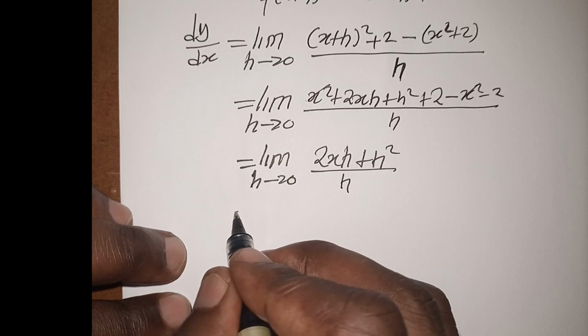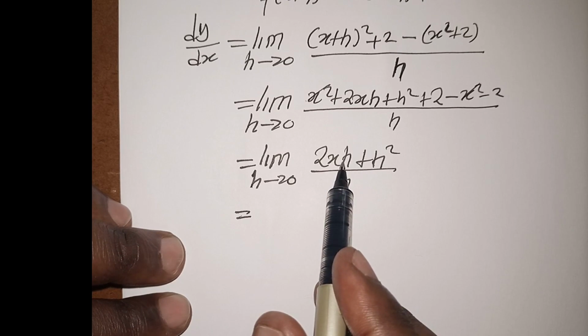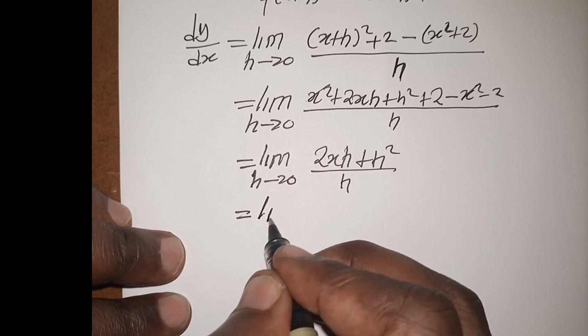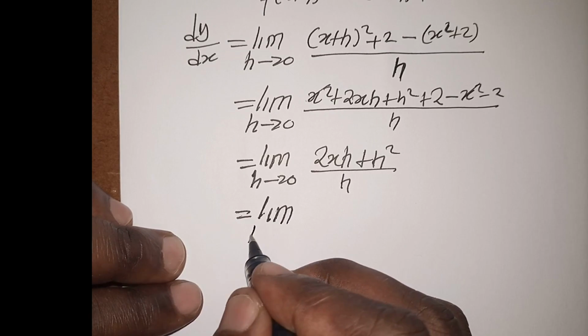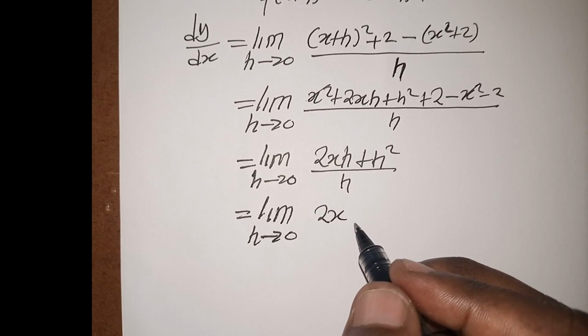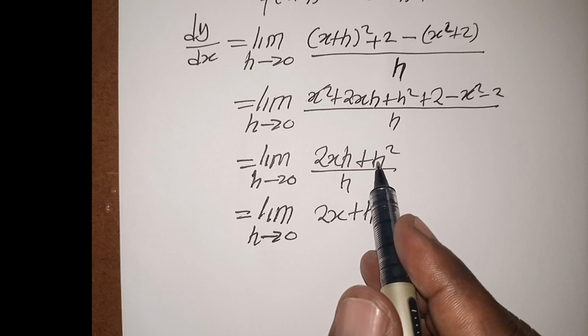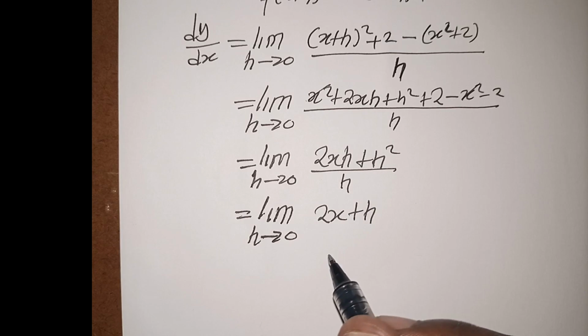At this point now we can divide this h into that. H into 2xh, as h approaches 0, we're going to have 2x plus h.